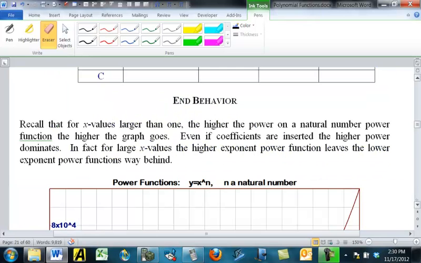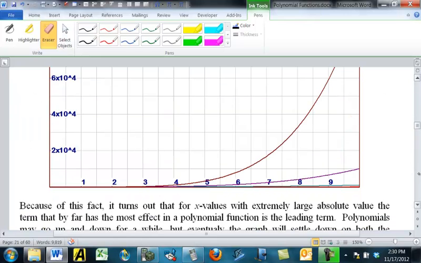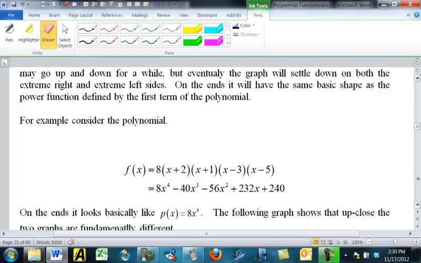Alright, I've already talked about end behavior here. I've already seen a picture of something like that in this video. So here's a polynomial. It's got a lot of terms. There are several things that we can know about the end behavior, the big picture, and we know a lot about the little picture. The big picture is if you multiply all this out, you get 8x to the fourth, at least. That's easy to do: x times x times x times x times 8. And so on the ends, we know it's going to look like 8x to the fourth. It's going to go up on both ends.